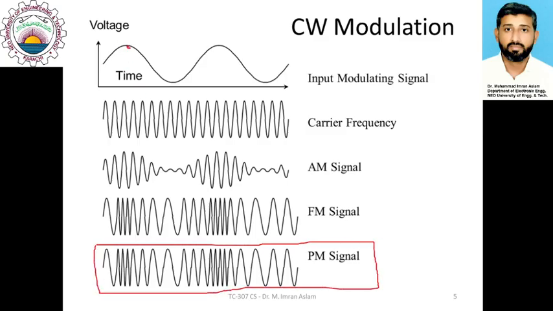So at higher amplitude, the phase is relatively high. At low amplitudes here, the phase is relatively low. You must know that phase and frequency modulation, these two are related. Whenever there is phase modulation, frequency also changes, and whenever there is frequency modulation, the phase also changes, because they are interrelated.